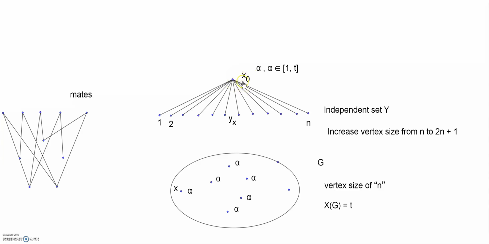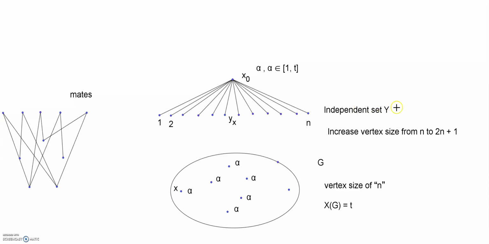We're going to look at what x naught is. So x naught is this additional vertex. This is how we get the vertex size to increase to 2n plus 1. And we're going to label it alpha, which we've already done. But if x naught is alpha, because x naught is adjacent to every single vertex in the independent set y, that means that the mates y sub x, all of the mates of the vertices in the original graph G, cannot be alpha.